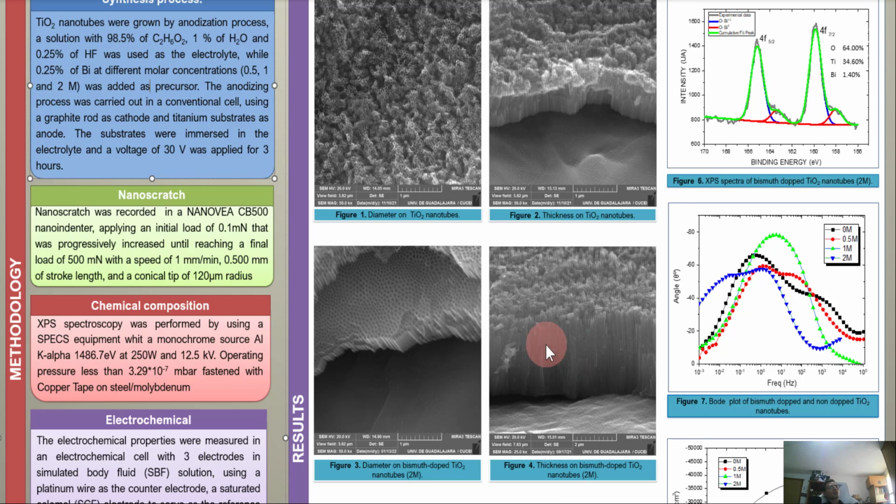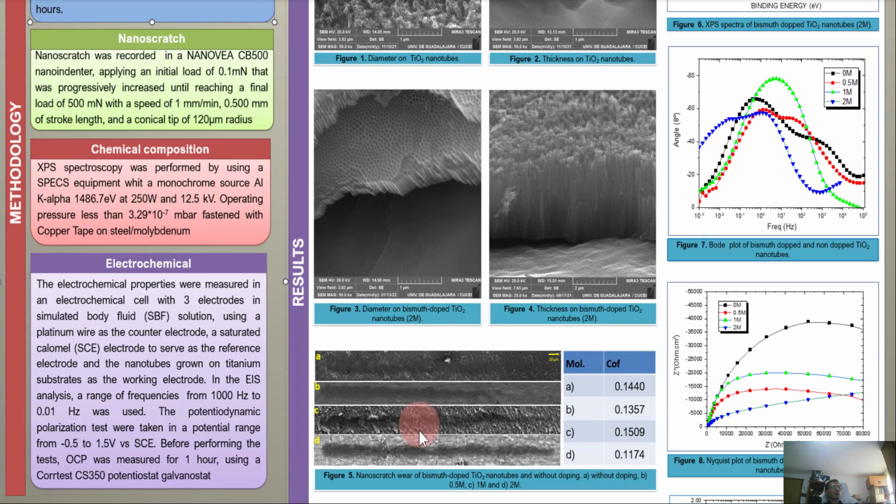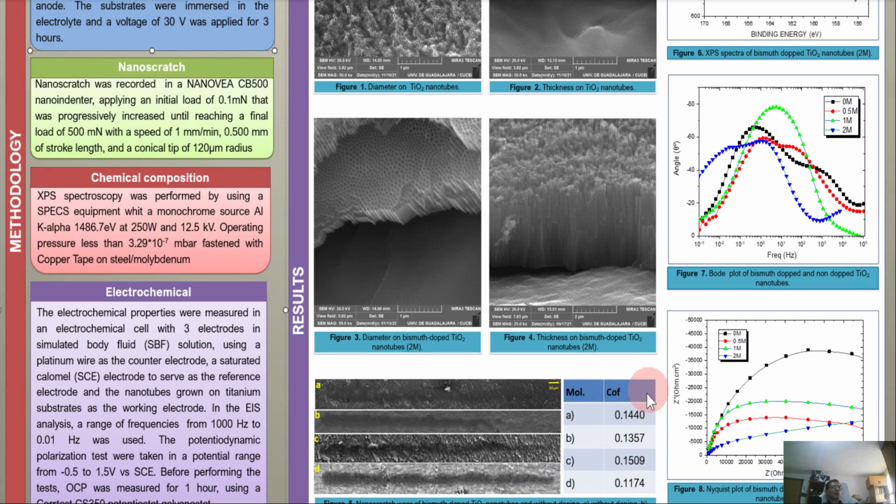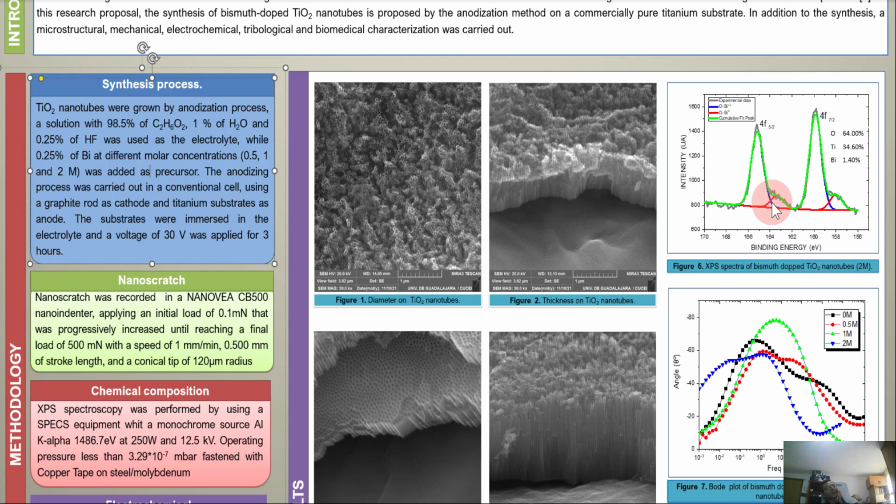When we go to the nanoscratch test, we can observe that with a high molarity of doping, we obtain a lower friction coefficient. And when we go to the XPS spectrum, we can observe that the concentration of bismuth is 1.4% in the substrate that was doped with 2 molar bismuth, and titanium is 34% and oxygen 64%.